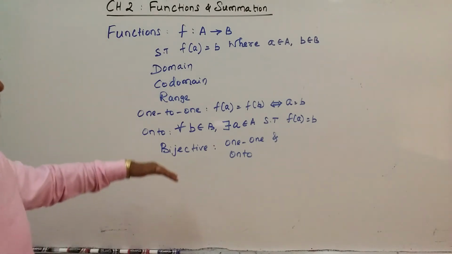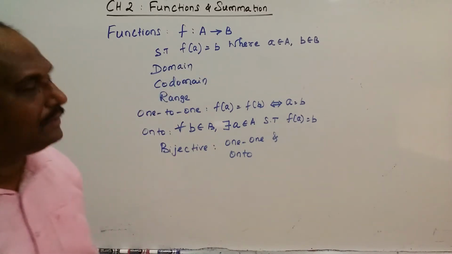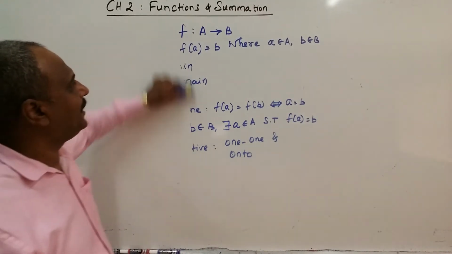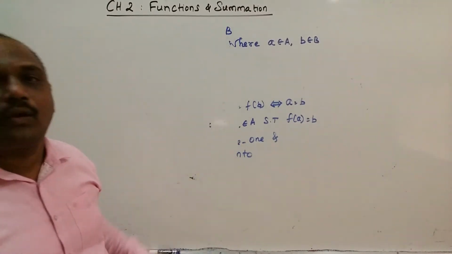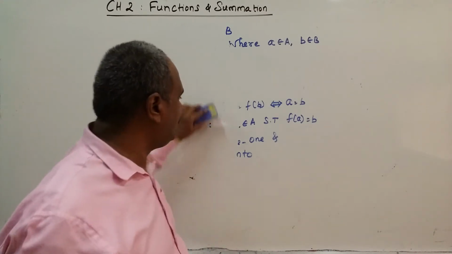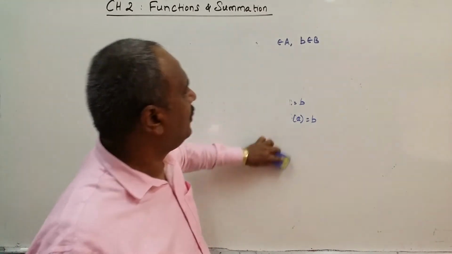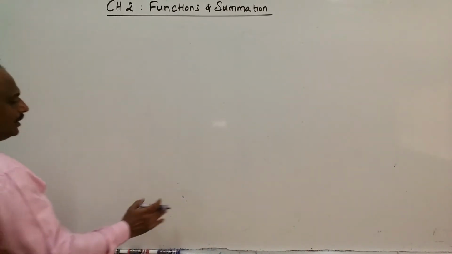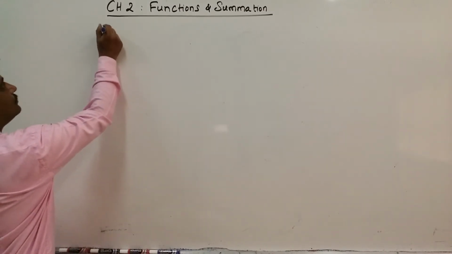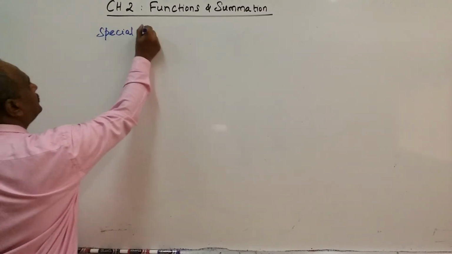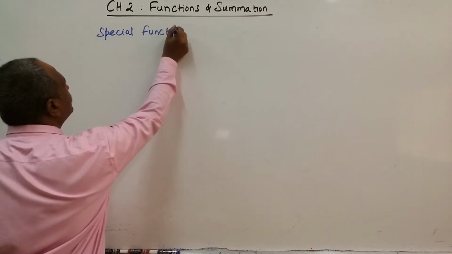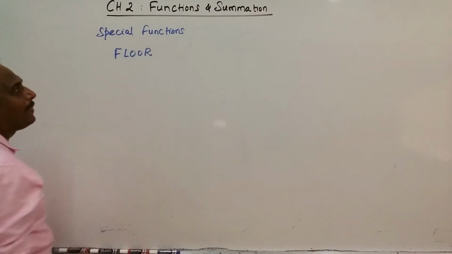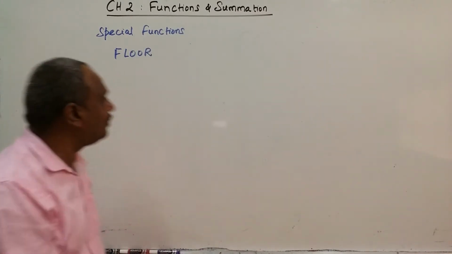We defined all these ideas in the foundation program. Here in this chapter, we are going to define two special functions which are required for computer programming and data management. The first one is floor, meaning the ground or bottom.